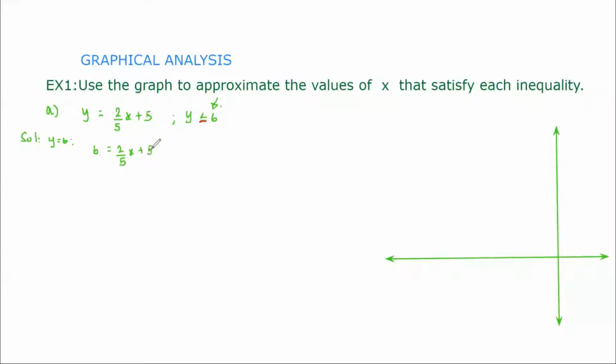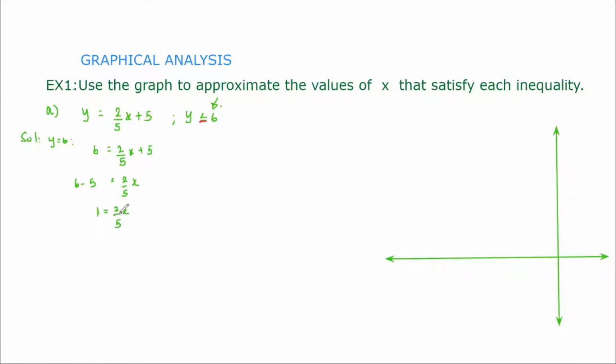Then you simplify, moving the plus 5 to the other side. It becomes 6 minus 5, so you are left with 1 equal to 2 over 5x.